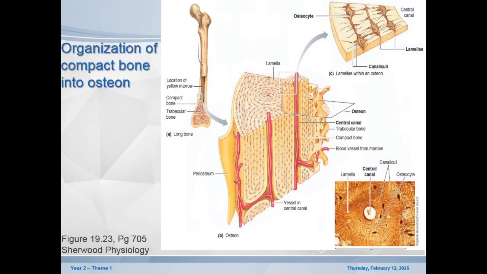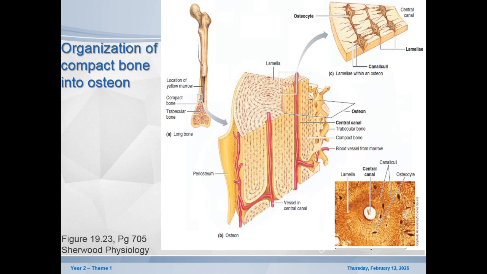You have studied the structure of the bone in histology or anatomy. What is the structural and functional unit in the compact bone? I'm not asking about the cells, I'm asking about the structural and functional unit. Yes, it is the osteon, the Haversian system.